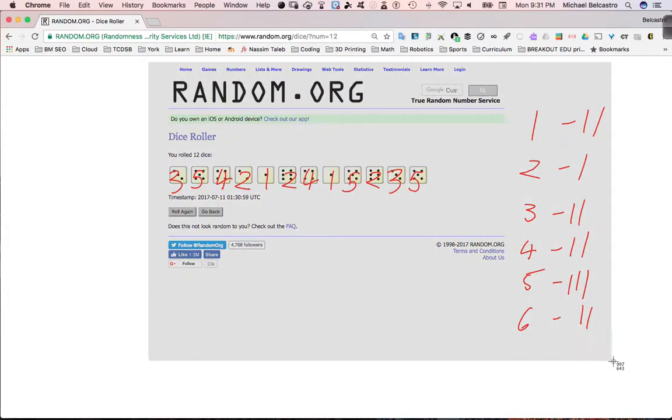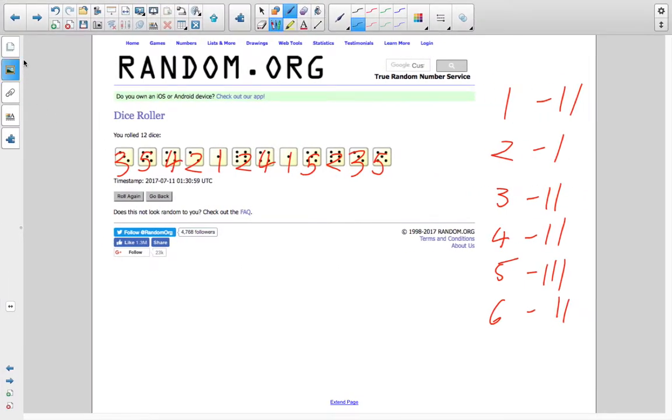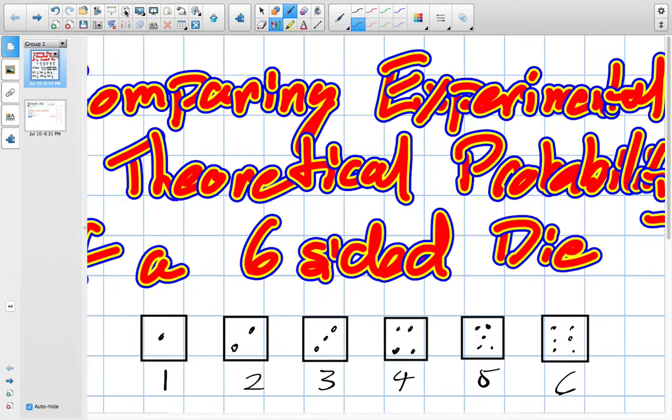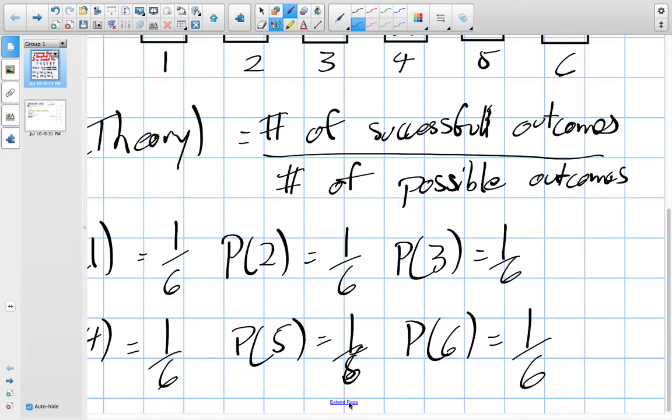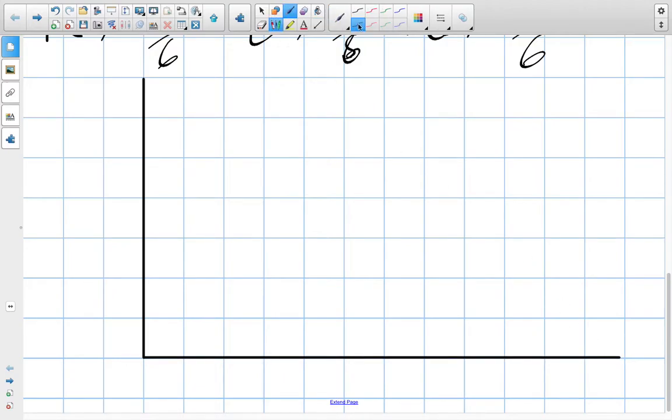We can take our frequency here. It should show up on the other page. There we go. We'll come back. Okay, we'll make a little bar chart of this. So for our bar chart here, our possible outcomes were the values of 1 through 6.